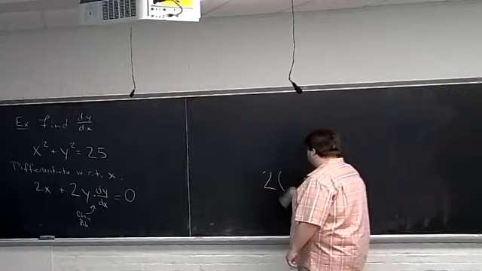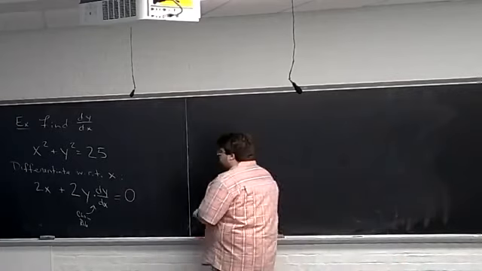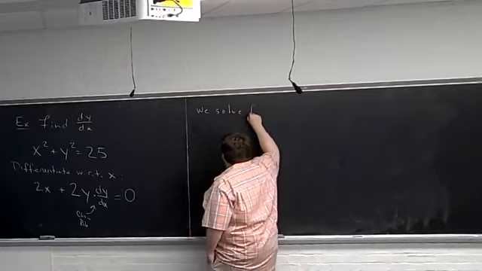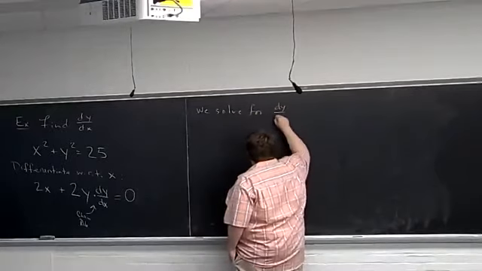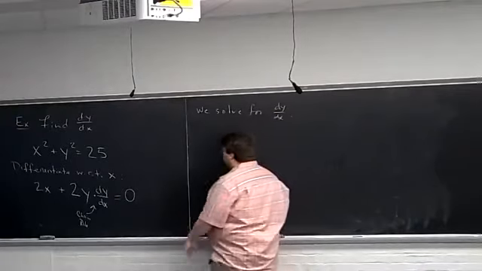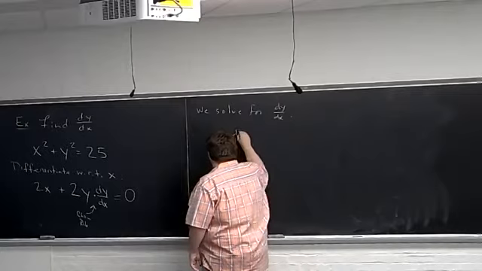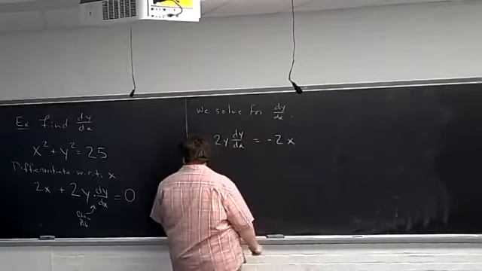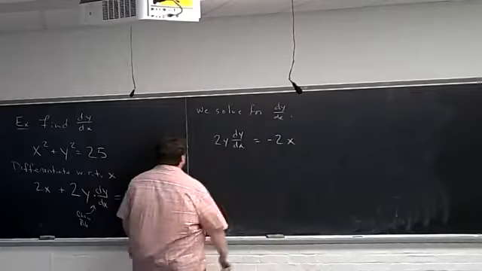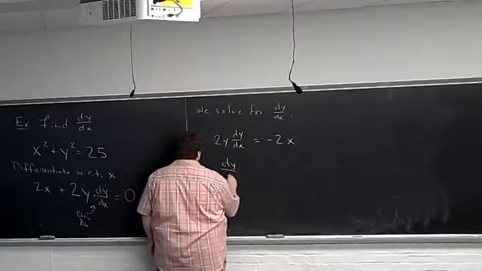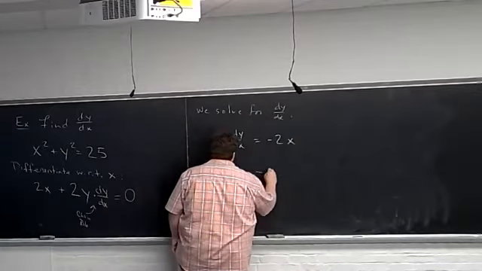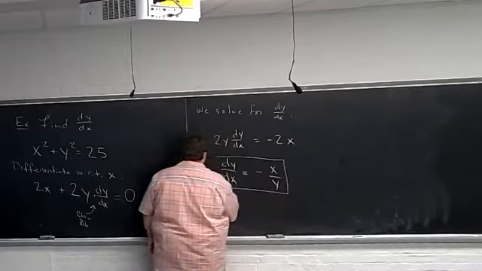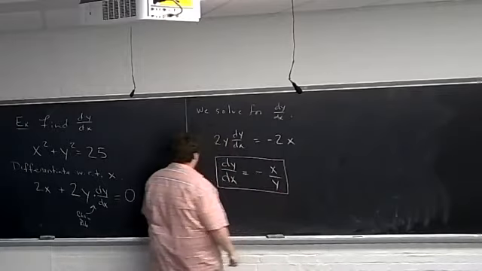So we can solve for dy dx. And what do we get? Well, we get 2y dy dx equals negative 2x, divide by 2y, and you get dy dx equals, the 2's cancel, negative x over y.